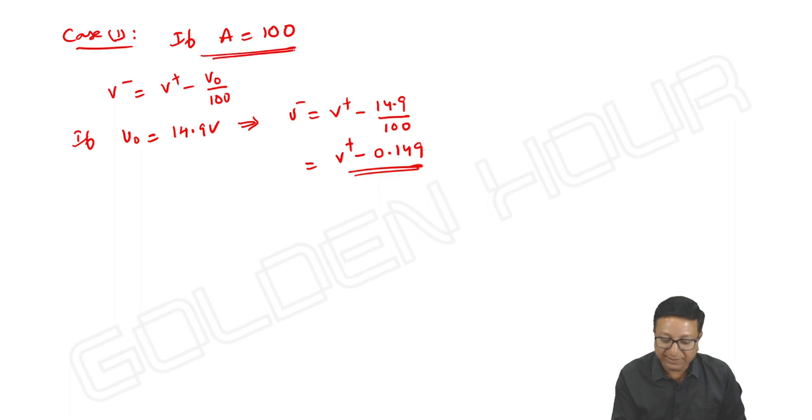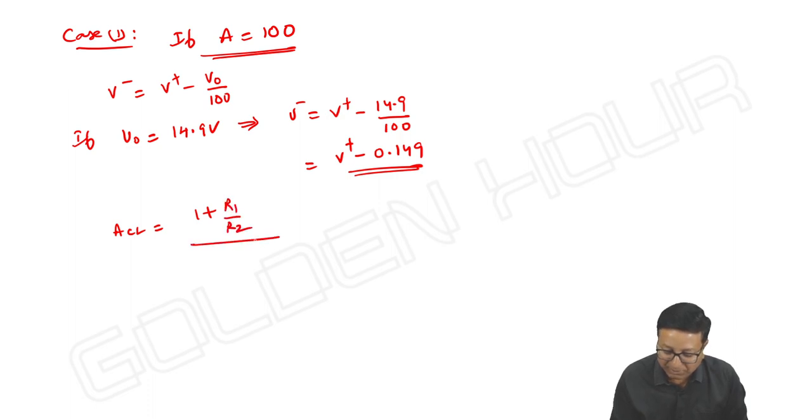So virtual short cannot be applicable if A is less. In that case, what is the closed loop gain? The closed loop gain means 1 plus R1 by R2 divided by 1 plus 1 by A into 1 plus R1 by R2. After substituting all the values, it is 11 by 1 plus 11 by 100.